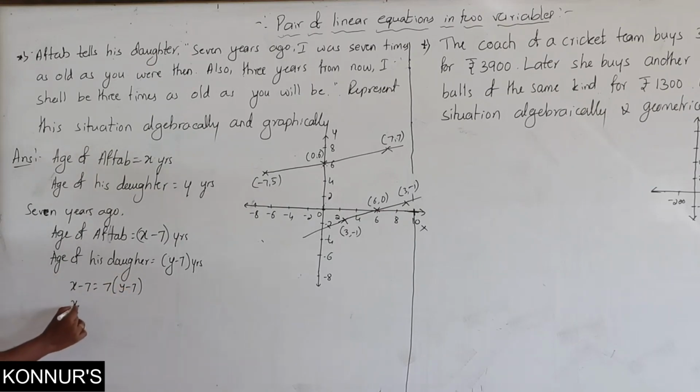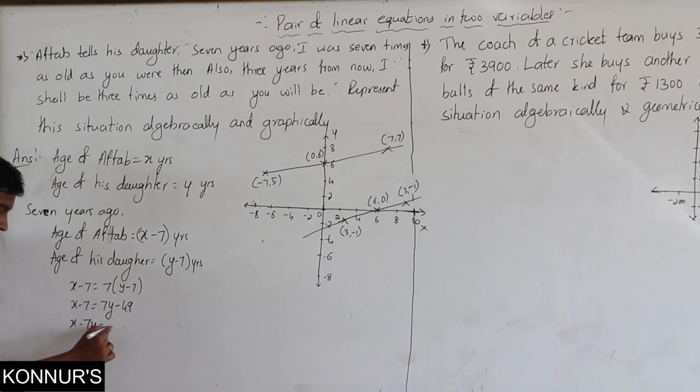Simplify this. x minus 7 is equal to 7y, and 7 into minus 7 is minus 49. Bring the variables to one side and take the constants to the other side. If you bring this 7y to the left side, it becomes minus 7y.